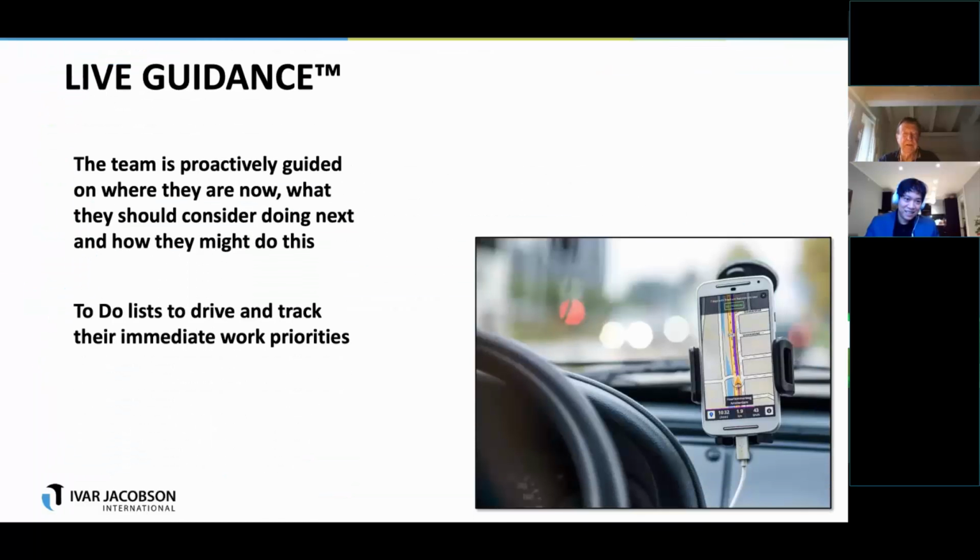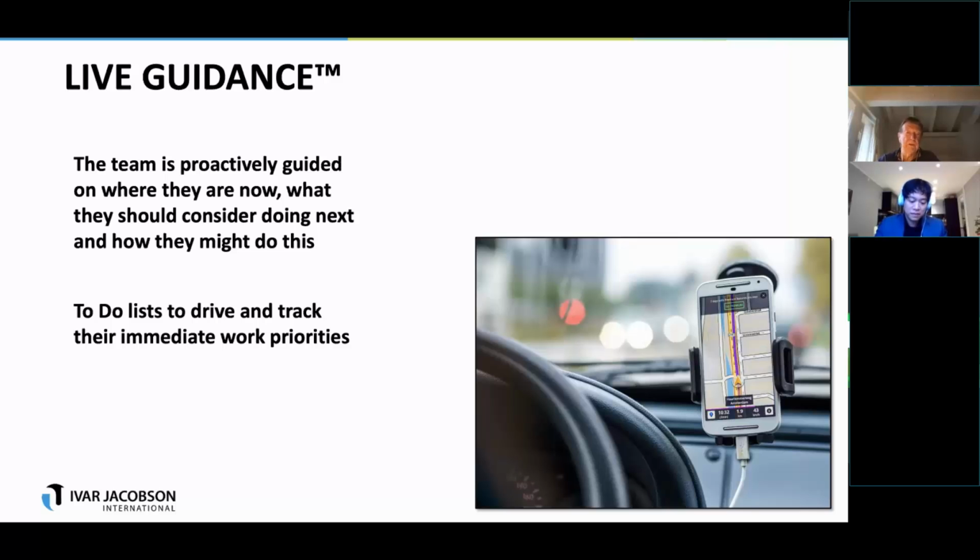Because here we have a feature that you have never heard of before. We call it live guidance. You get the guidance as you work. Normally, with every method, you read a book, or learn it on the website or any other way, and then you go and do it. But when you do it, you don't have access to the guide.